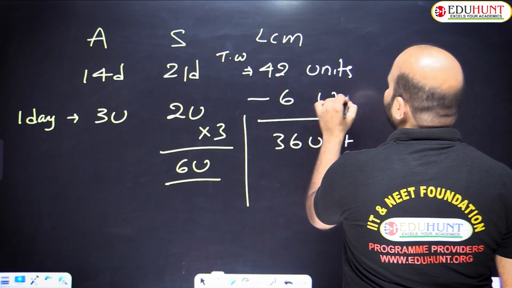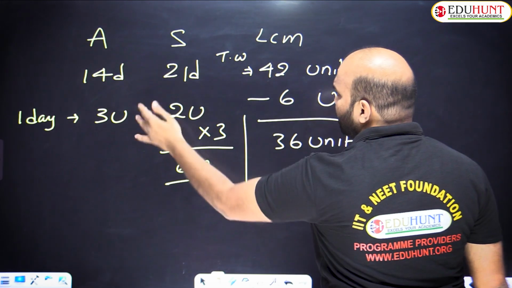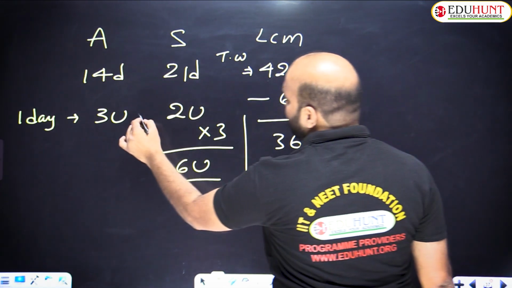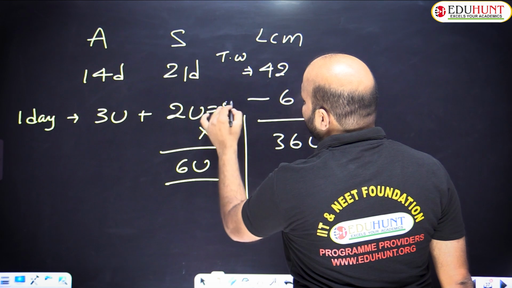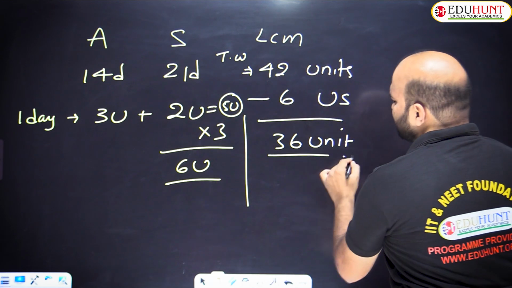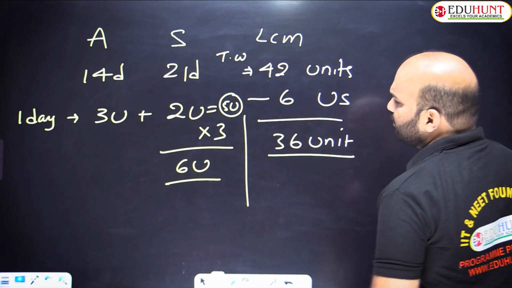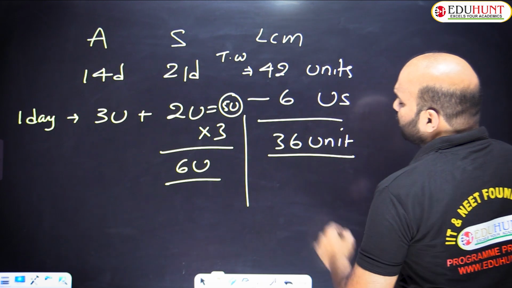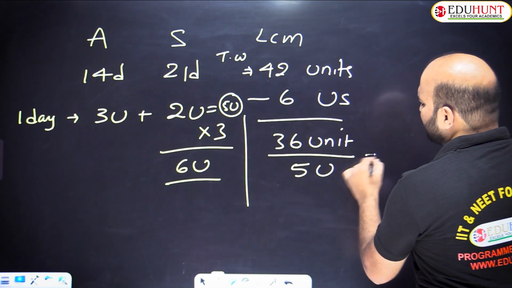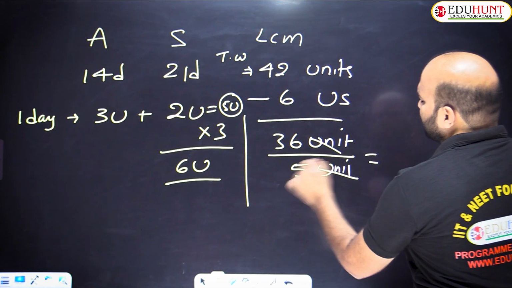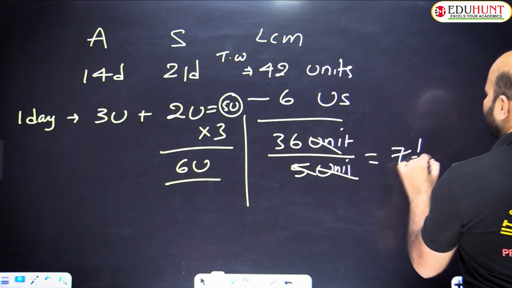But these 36 units of work were initially completed by both Aman and Sunita. In each 1 day how much is completed by both? 5 units. Am I clear? So the 36 units were completed by both initially in how many days? That can be written as 7 and 1 by 5 days.